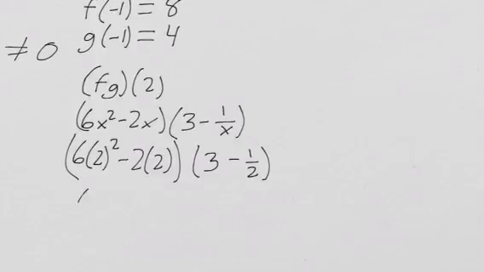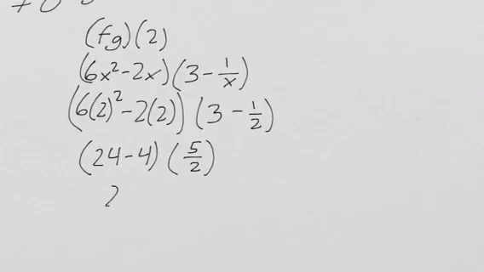So we do some simplifying here. I get 24 minus 4, and then 3 minus 1 half is going to give me 5 halves. 20 times 5 halves. I can do some cancellation here. So I end up with 10 times 5.